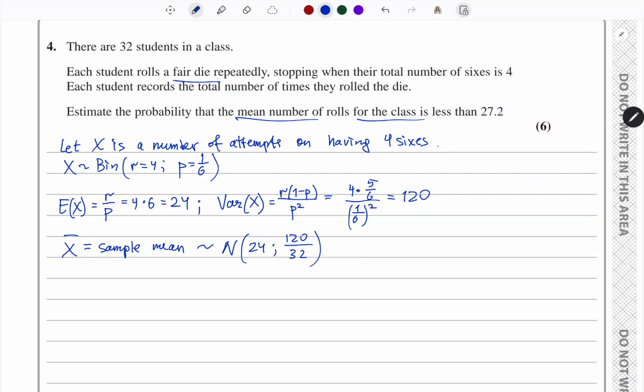Then estimate the probability that the mean is less than 27.2. We know the distribution and all the parameters of X bar.